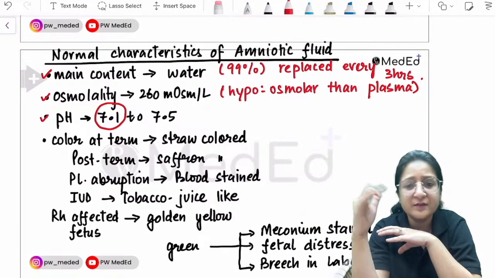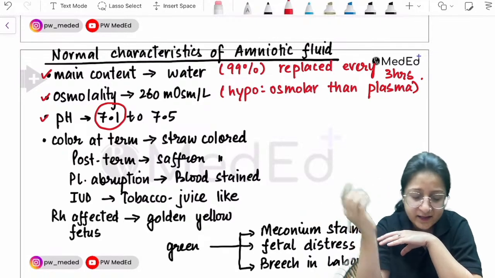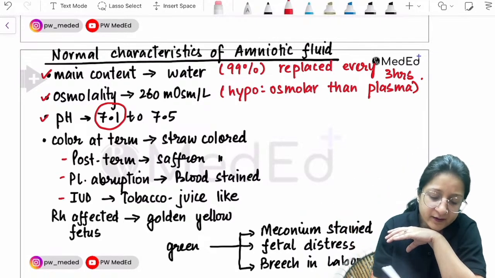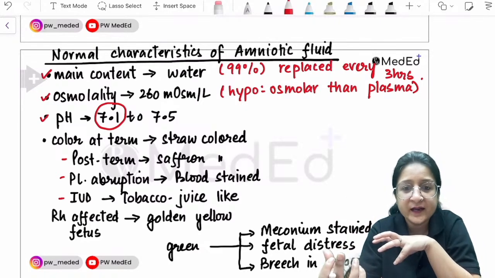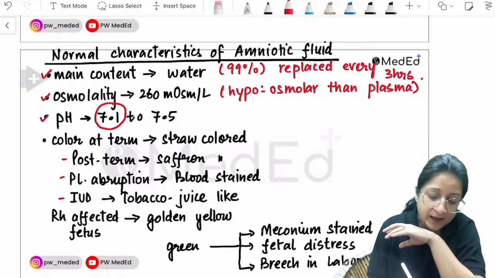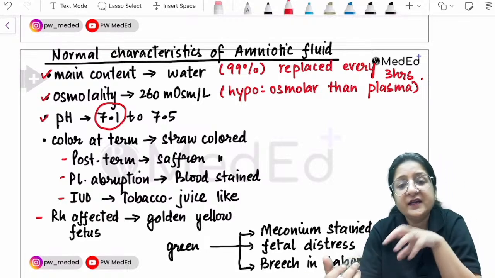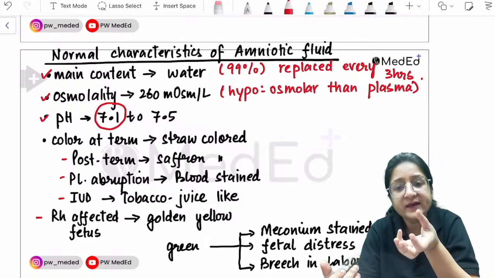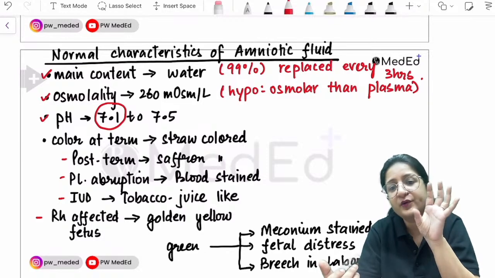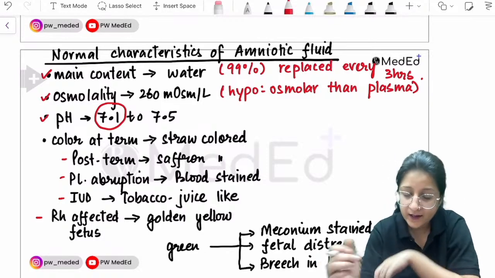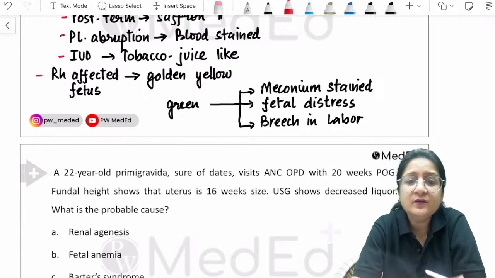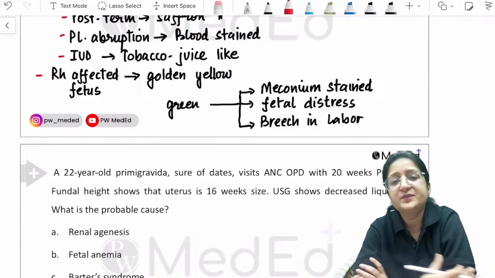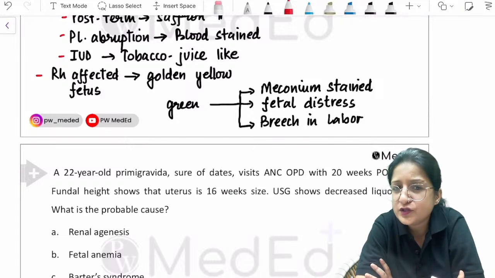Placental abruption, we just said, gives blood stained amniotic fluid. Intrauterine death, if there is a dead fetus retained inside, gives tobacco juice like fluid. In an Rh affected fetus, there is fetal hemolysis and bilirubin is released into the amniotic fluid, so it is golden yellow in color. Green colored amniotic fluid is seen when the fluid is meconium stained. Meconium is the first stool of the baby.